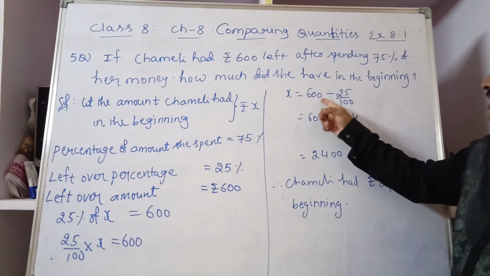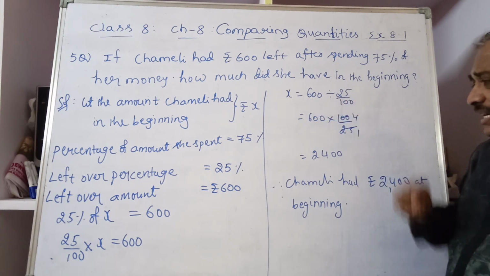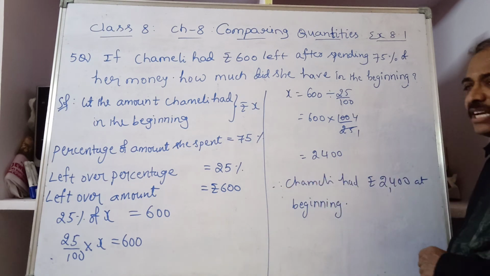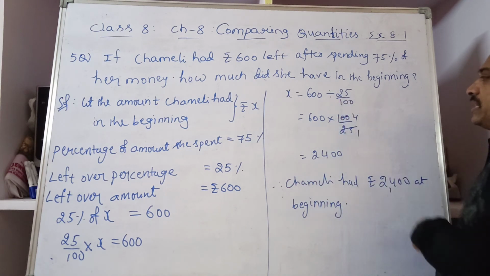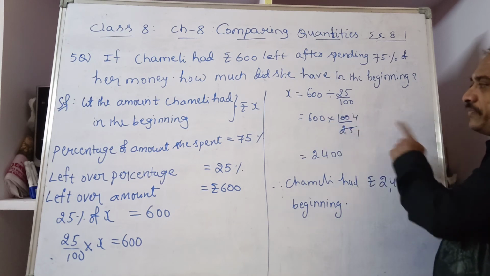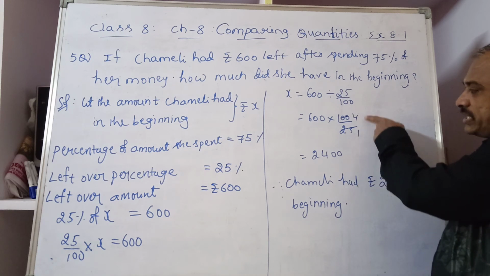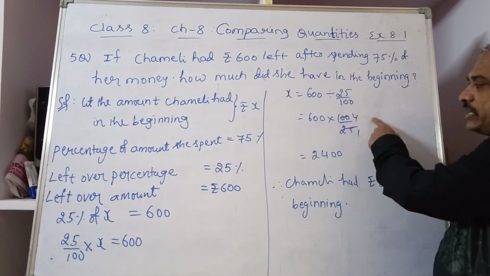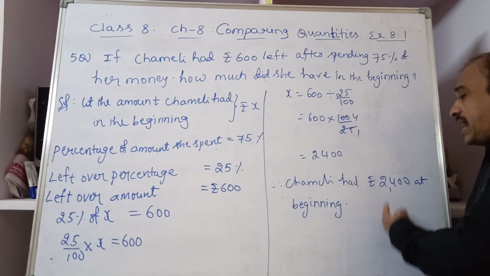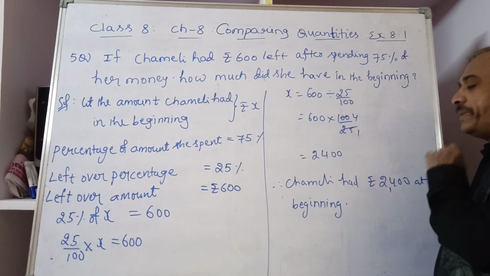Then X is equal to 600 divided by 25 by 100. When you transpose it, the multiplication becomes division, or directly you can do 600 into 100 by 25. The reciprocal is 100 by 25. By cancellation, 25 ones are 25, fours are 100, so 600 into 4, which is 2400. Therefore, Chameli had rupees 2400 at the beginning.